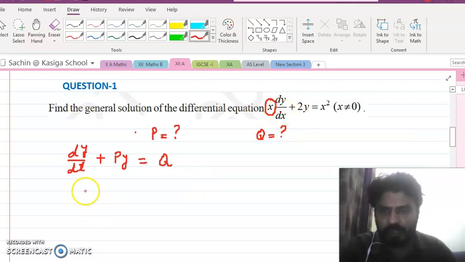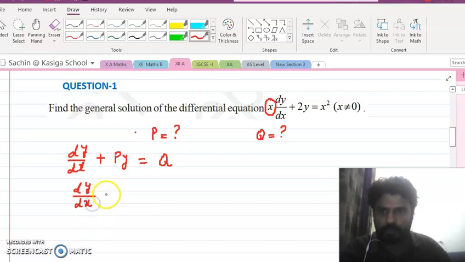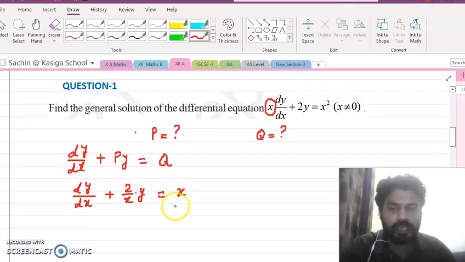As I divide, it becomes dy upon dx plus 2 by x times y is equal to x, because when x square is divided by x, you get x only.